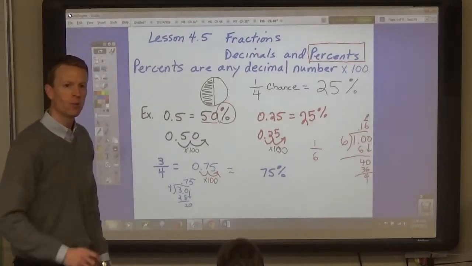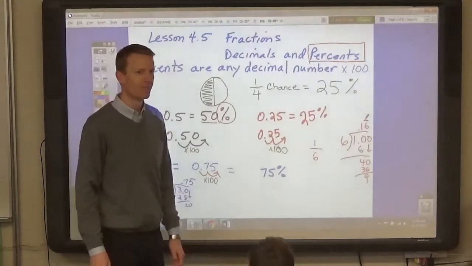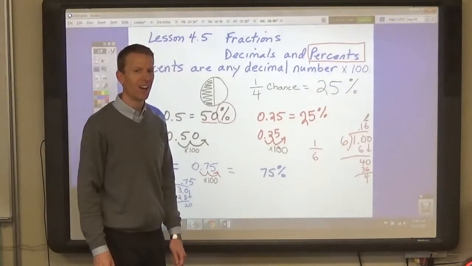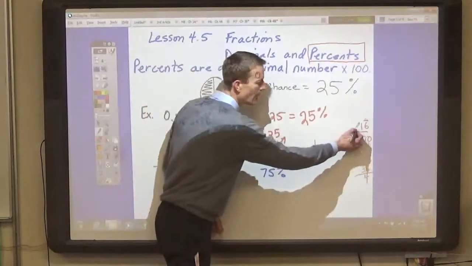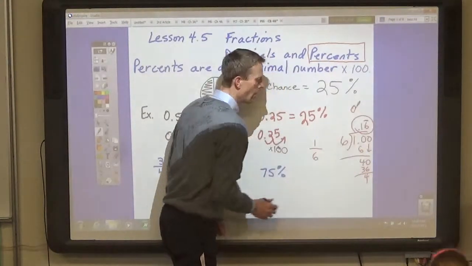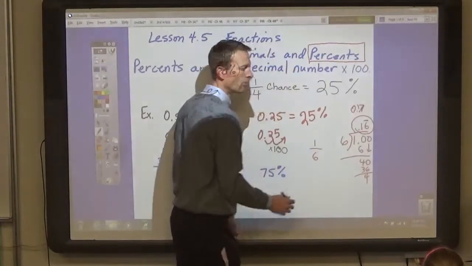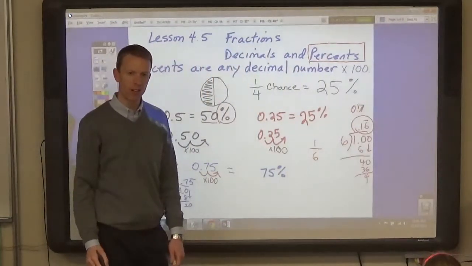So Cole rounded it to the nearest what? 100. Rounded to the nearest 100, this would be 0.17. 0.17 times 100.